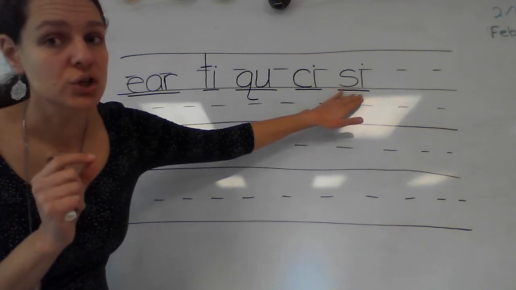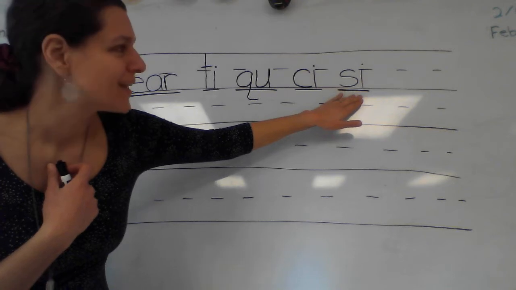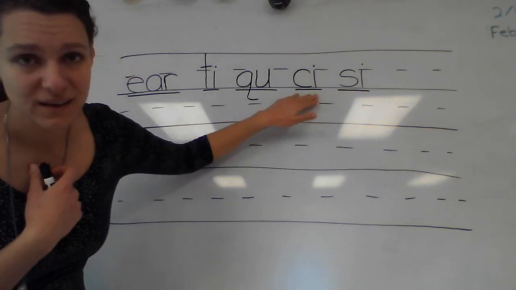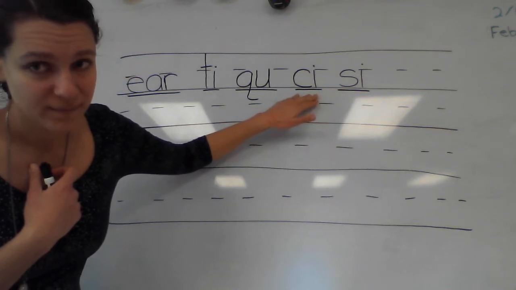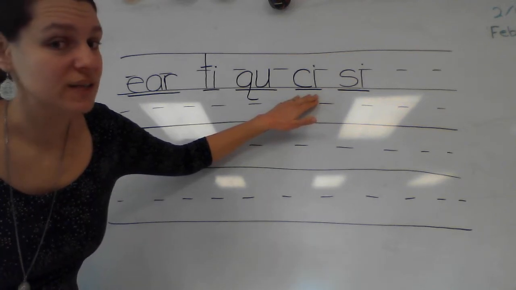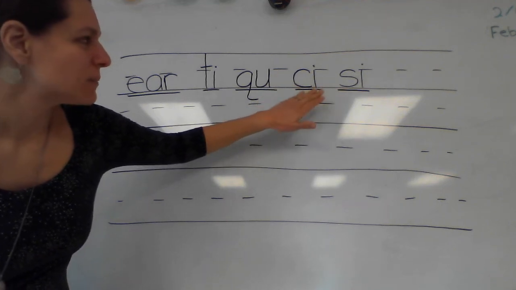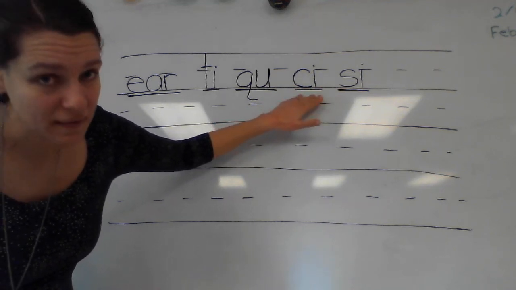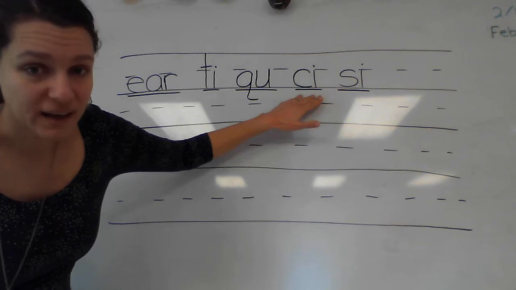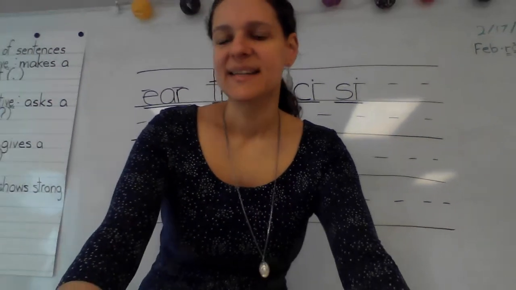Good, sh, zh. And how about this one? Good, this one is sh, short letter sh. Say that with me one more time. Sh, short letter sh. All right, nice job, class.